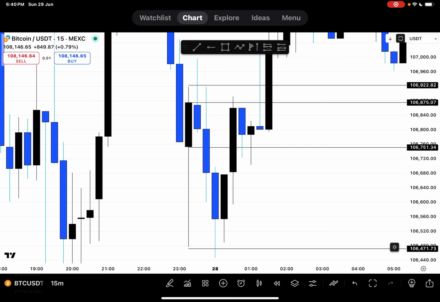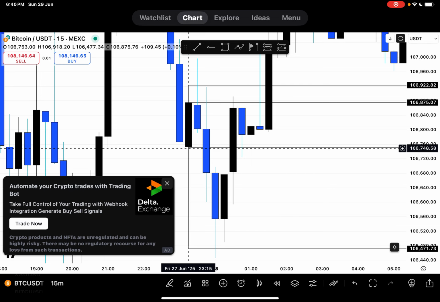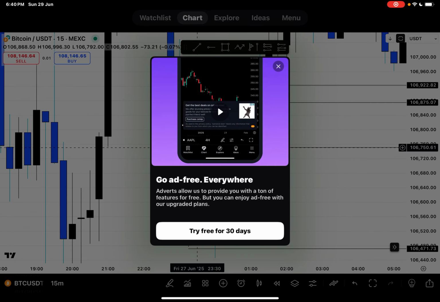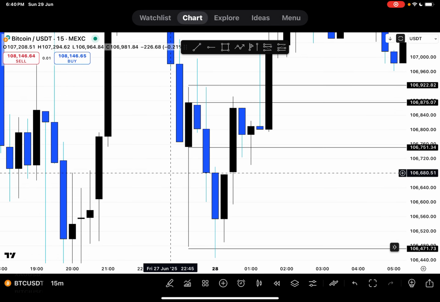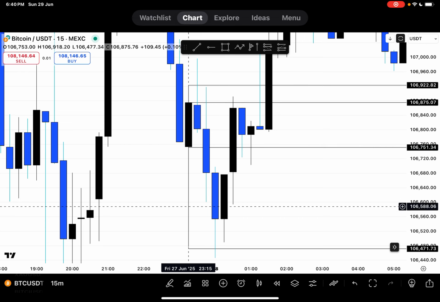Now we are familiar with the opening, closing, high and low of a candlestick, and we also know what causes a candlestick to go up and down. Like here, the sellers tried to dominate and push this candlestick till here, but the buyers were stronger, so they pushed it up here.